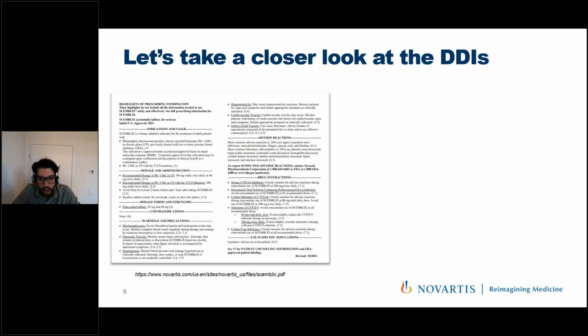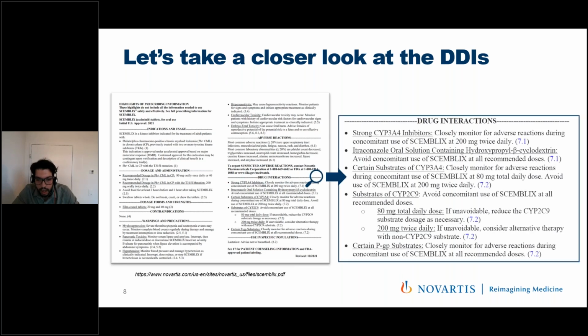So let's now take a closer look at the label, and especially for the drug-drug interaction. If you click next, you will see here in section 7 of the USPI of the drug product label a clear mention of drug-drug interactions at 200 milligram and 80 milligram.